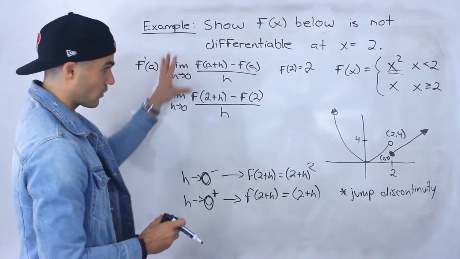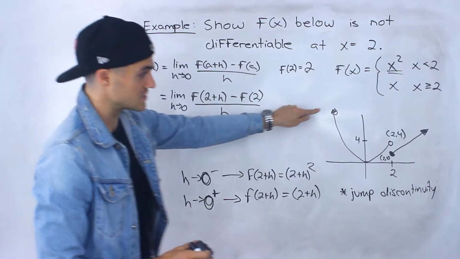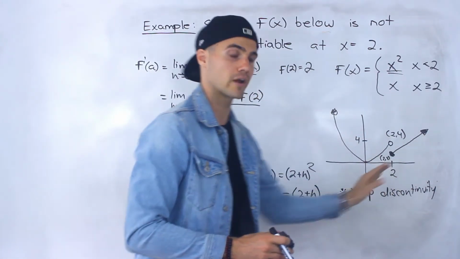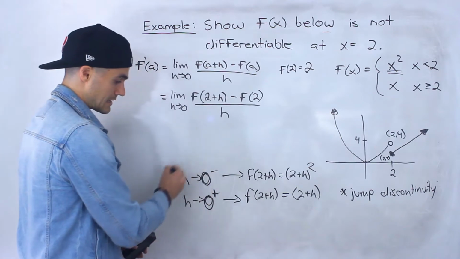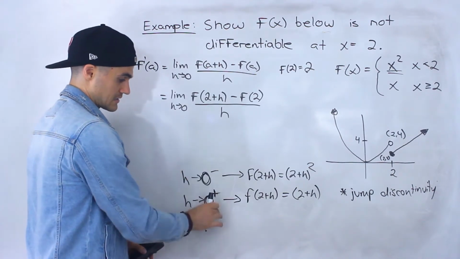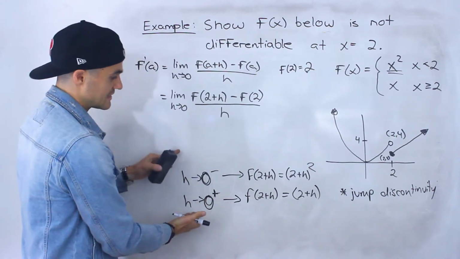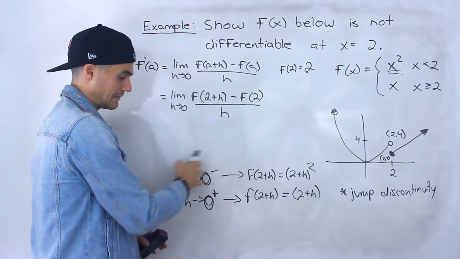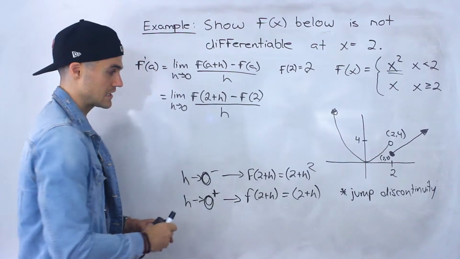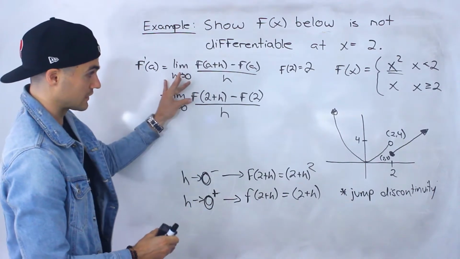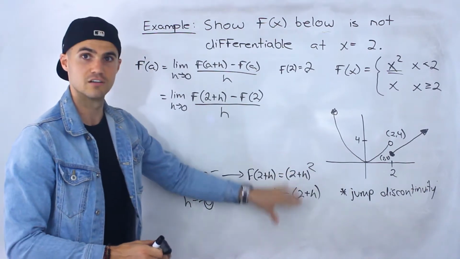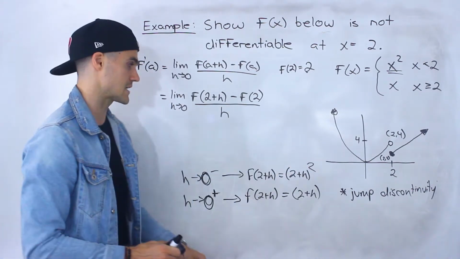But for this function, because we have two totally separate functions to the left of 2 and to the right of 2, we have to incorporate this difference here before simplifying. We can't look at this after we simplify, because the simplification process is going to be affected by the function that we choose, if that makes sense.